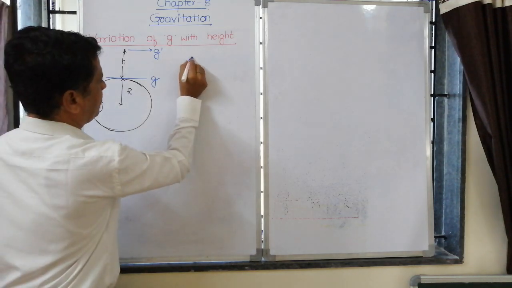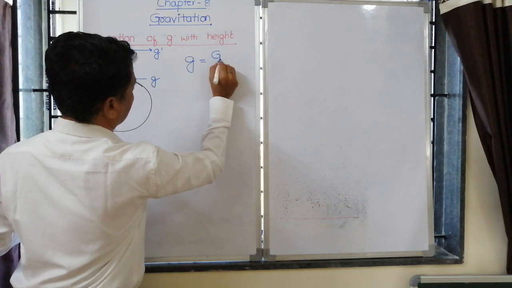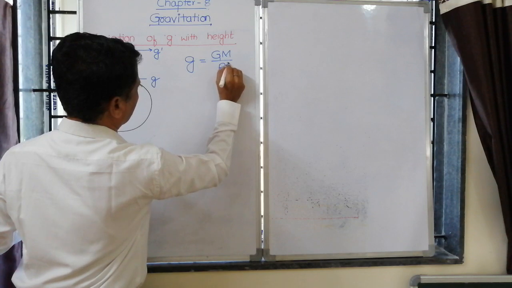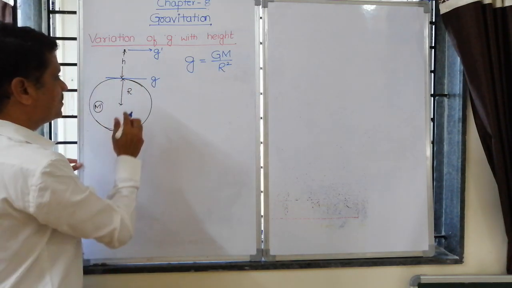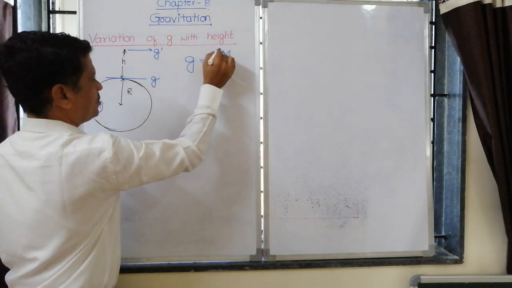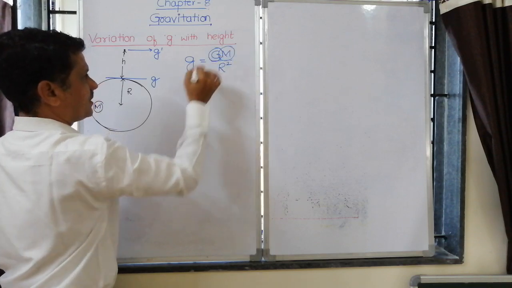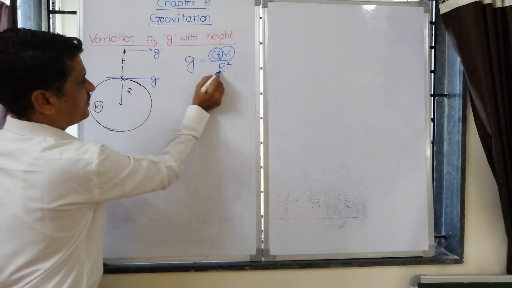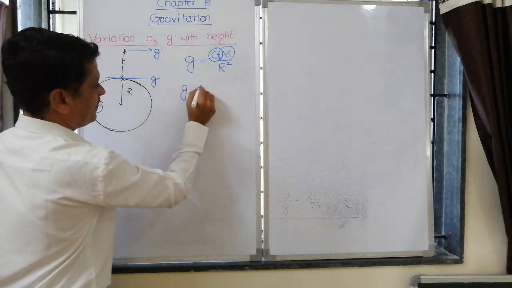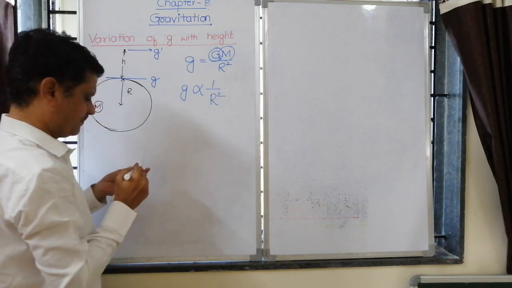According to this formula, g is equal to GM divided by R square. So on the surface of the earth as well as at height h, capital G remains same and M also remains same. Only difference is the distance. Therefore, I can say g is inversely proportional to R square.